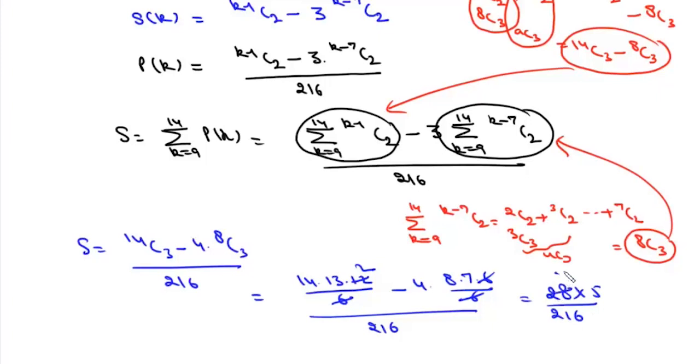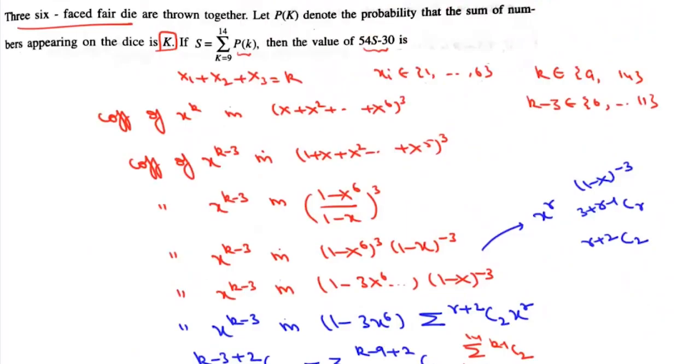Now this is 7, 54, so it will be 35 by 54. So the value of S is 35 by 54. Now we need to find the value of 54S minus 30. Now 54S minus 30 will be 35 minus 30, which is simply 5. So the answer to this question is 5.